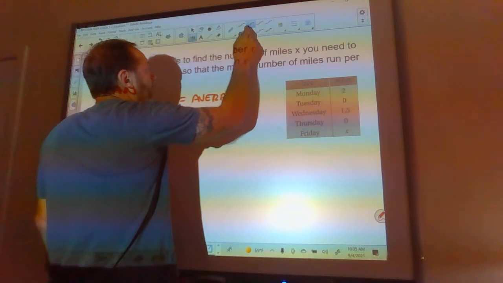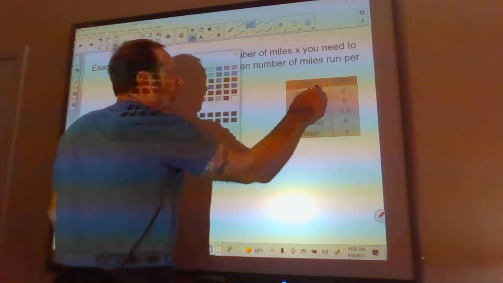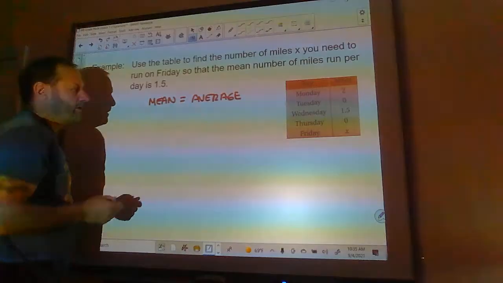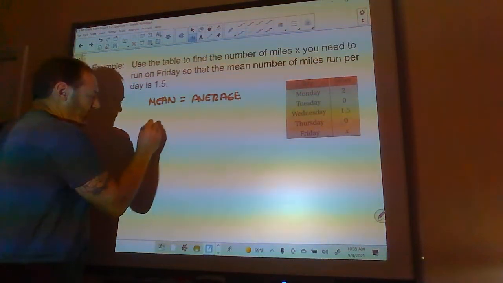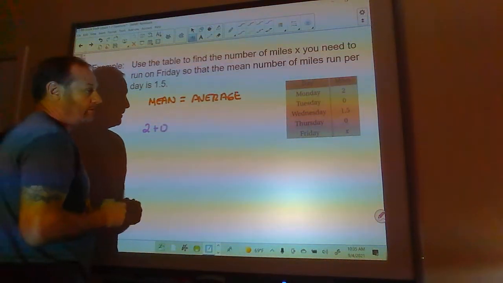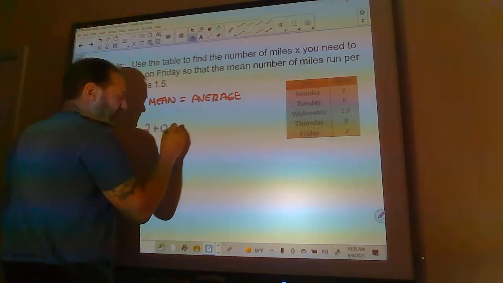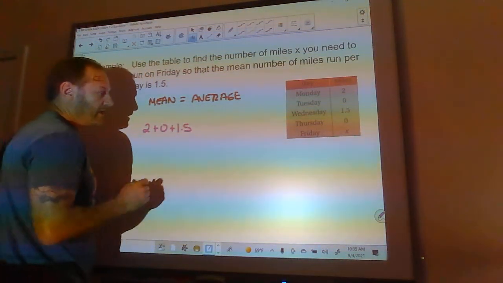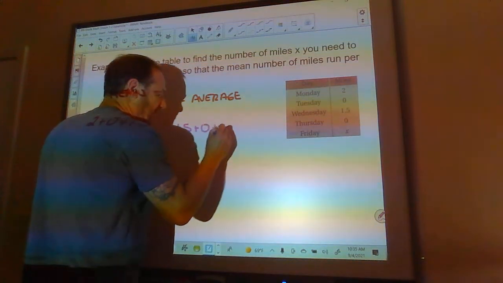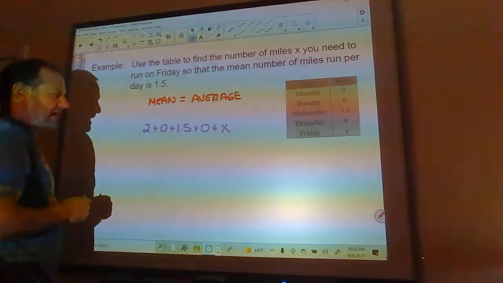Okay, so here we go. So I know that 2 plus 0, I'm getting this from the chart here. So I ran 2 miles the first day, 0 the second day, 1.5 the third day, 0 the fourth day, and then the last day, I don't know. I got to figure that out.